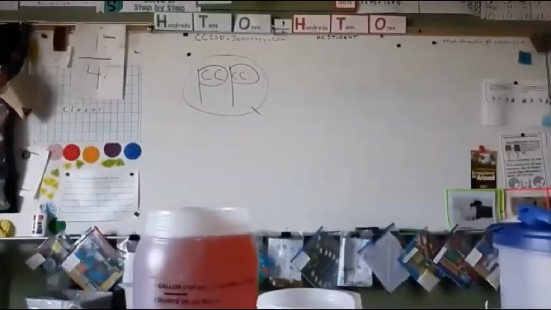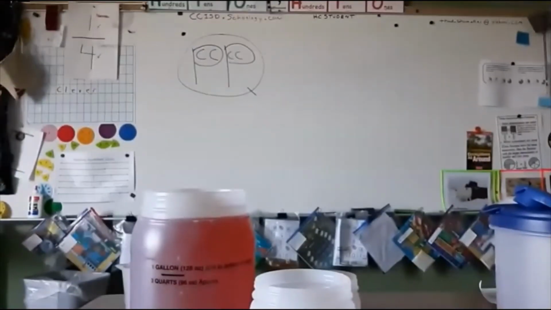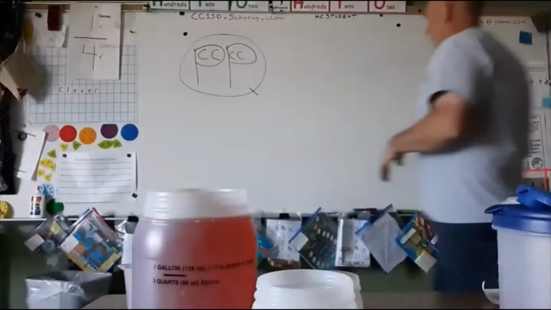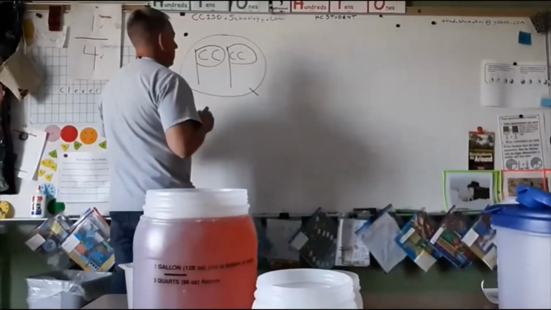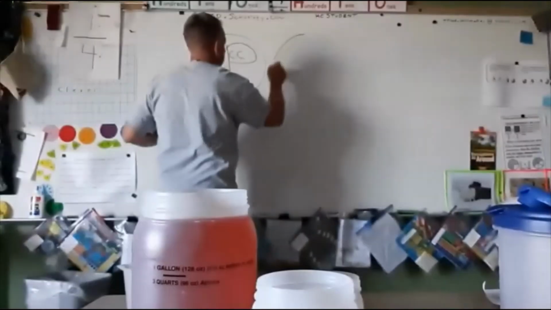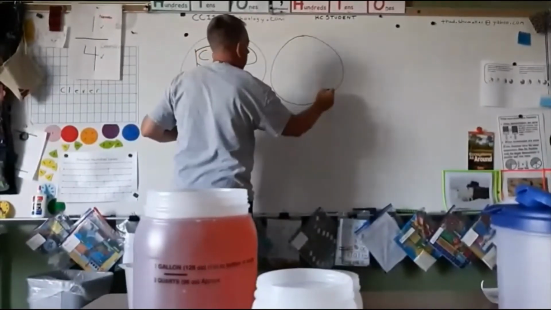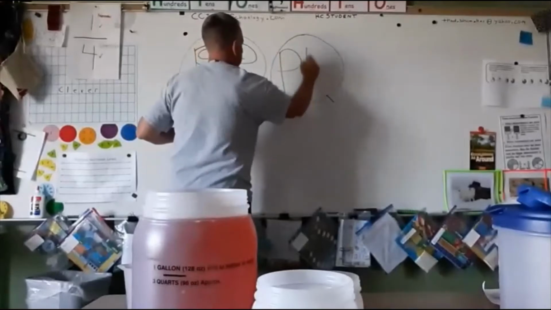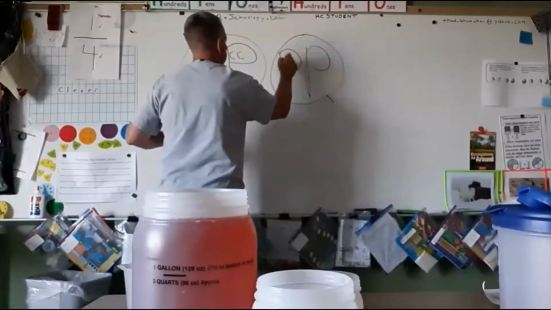So I'm going to take you back up to the board there, and we're going to draw that. Okay, so we already have our 1 quart, our 2nd quart, and each quart has 2 pints in it. Each pint has 2 cups.